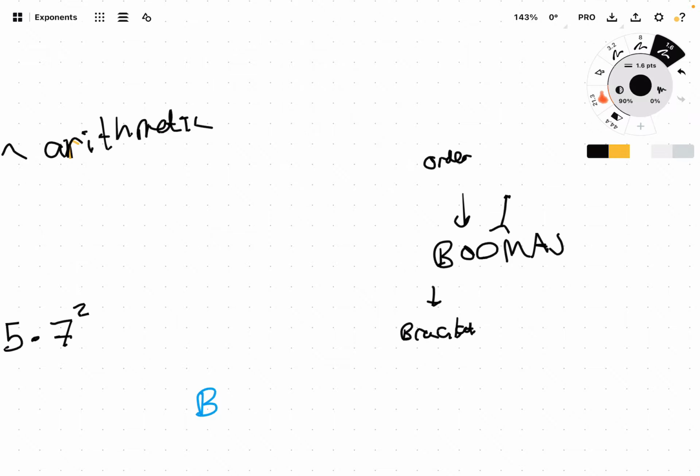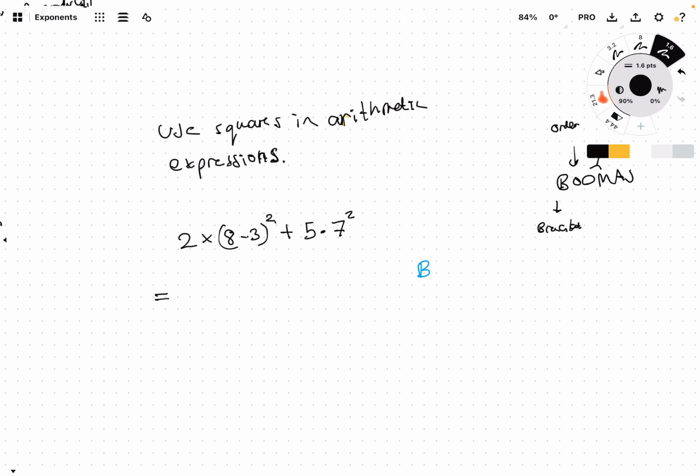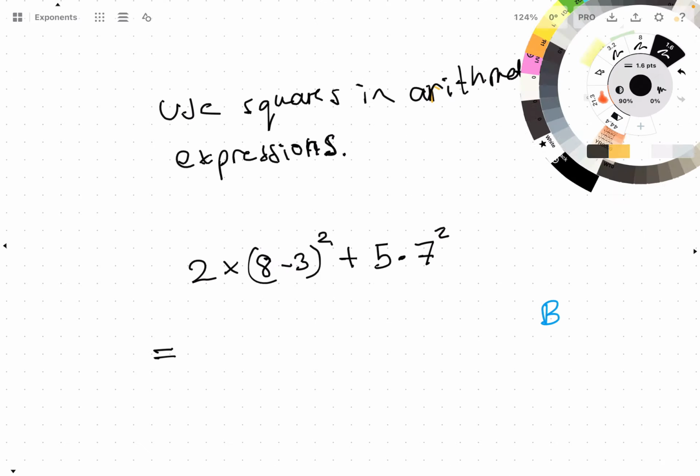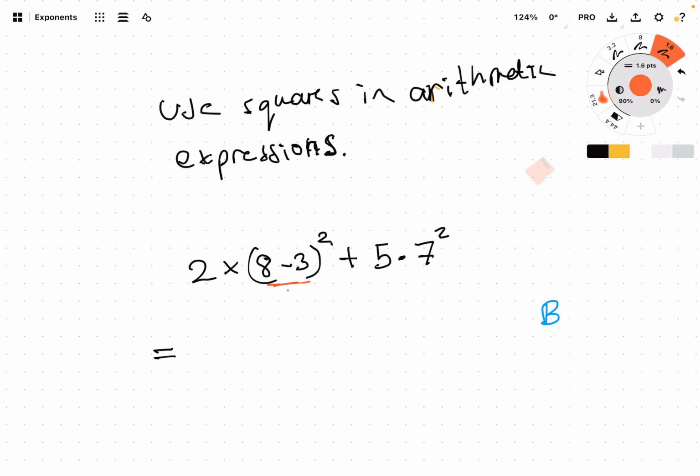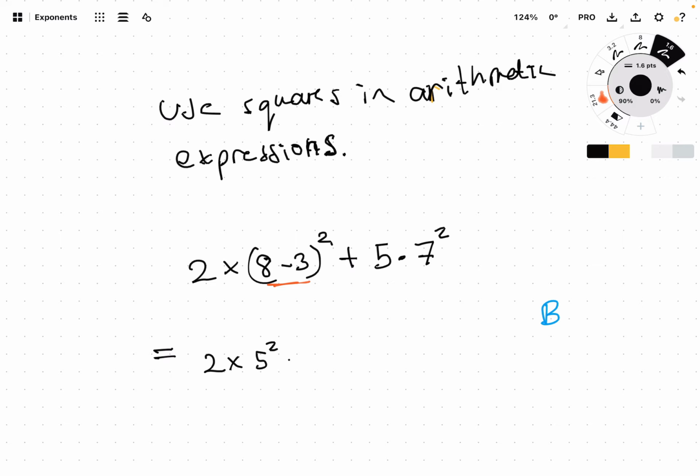D and M stand for division and multiplication, and A and S stand for addition and subtraction. The key idea is you do brackets first. So whatever's inside brackets, you do that first. So here, it's brackets first, so you do 2 times 5 squared plus 5 times 7 squared.